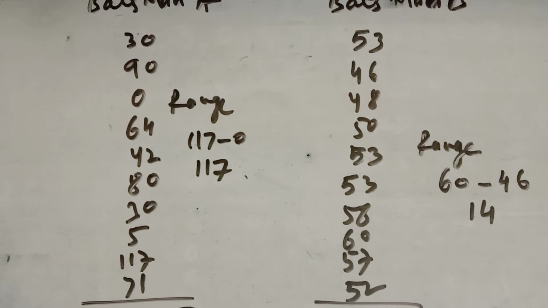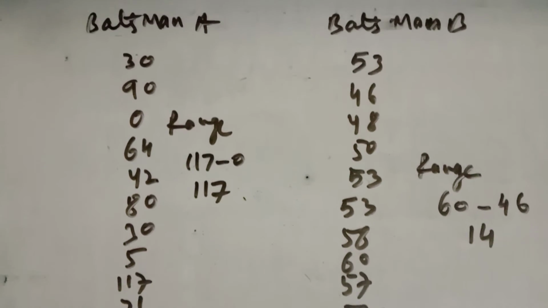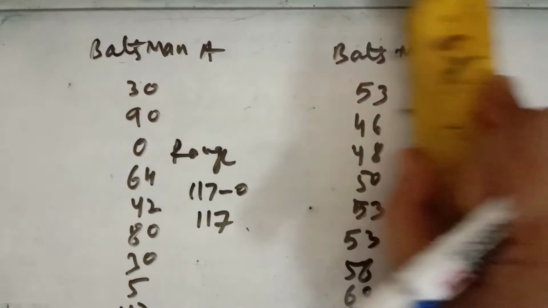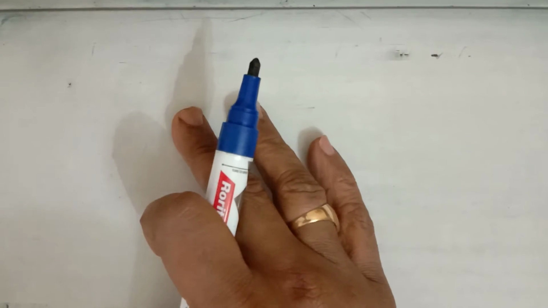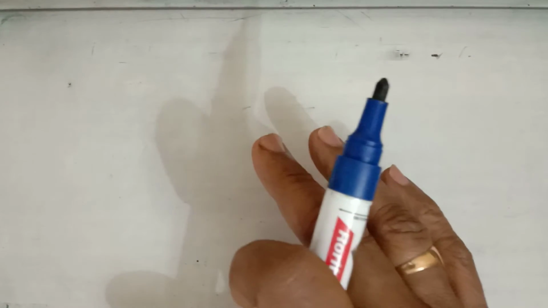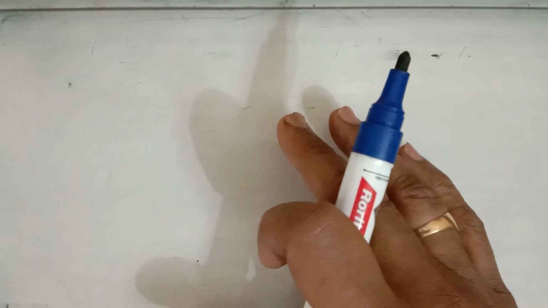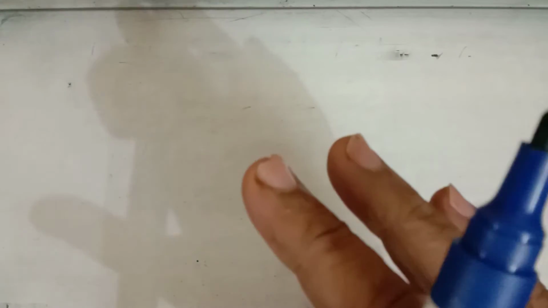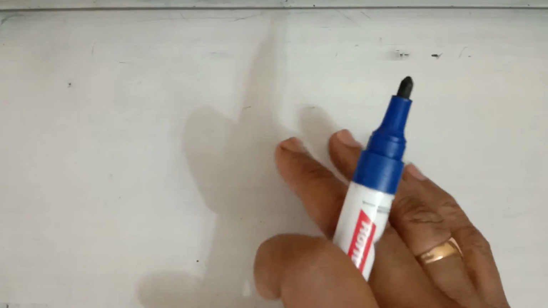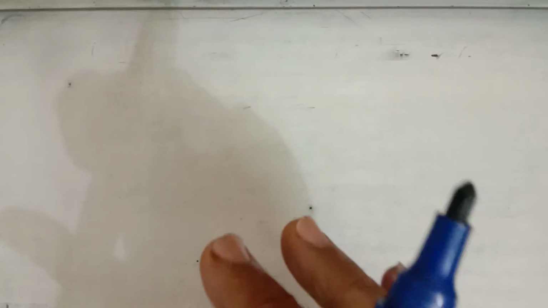In this chapter we'll discuss how to find the mean deviation about the mean and the mean deviation about the median. Now what is the mean deviation about the mean? Mean deviation is the average of the deviation of the individual data from its mean, and the mean deviation about the median is the average of the deviation of the individual data from its median.